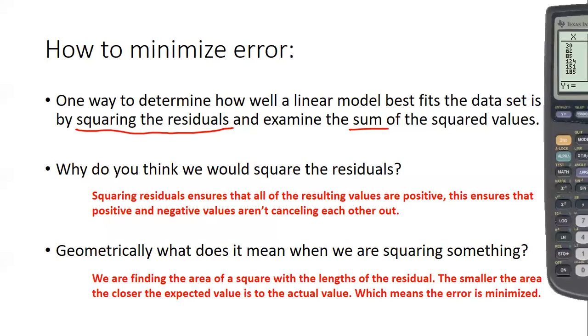And that's what we're doing. We're finding the area of a square. And so the smaller the area is, the closer to my line I am. That means my residual is small enough that the actual value and expected value are almost the same. So what we're doing is finding the area of a little square that will get us closer.